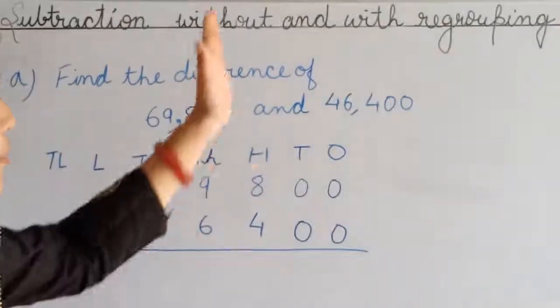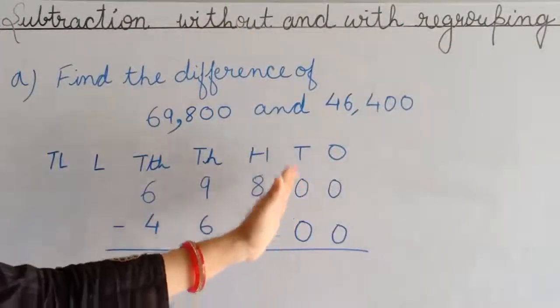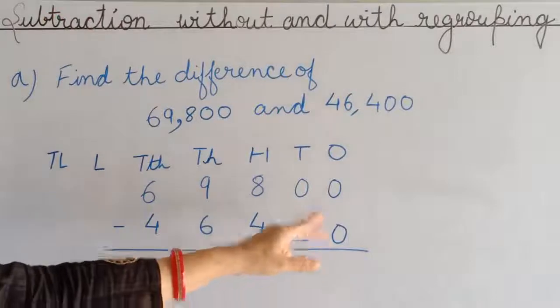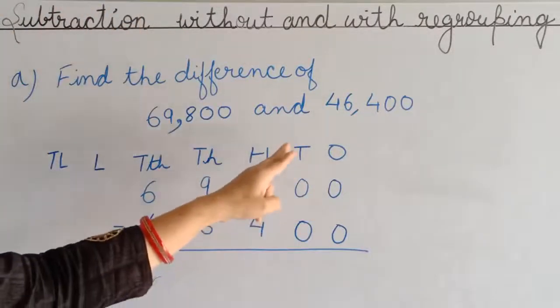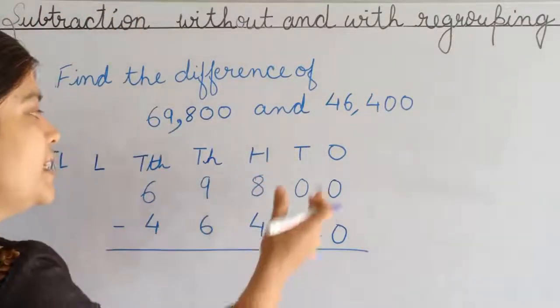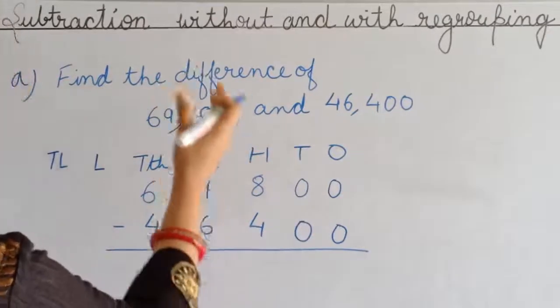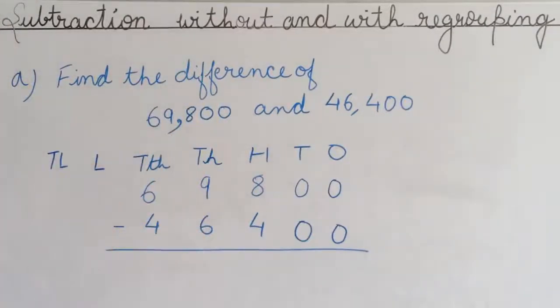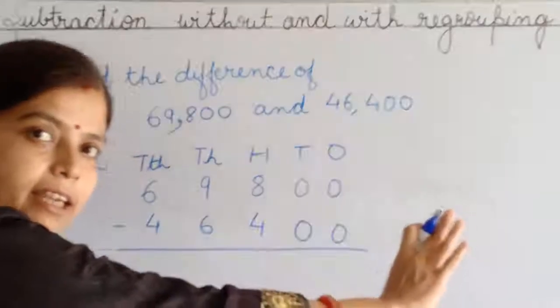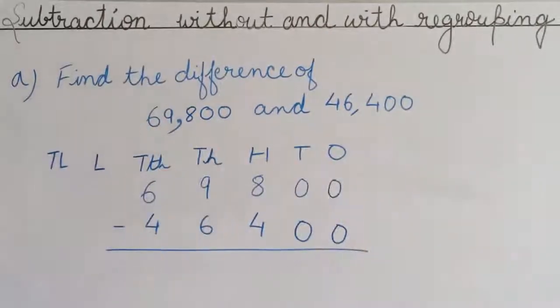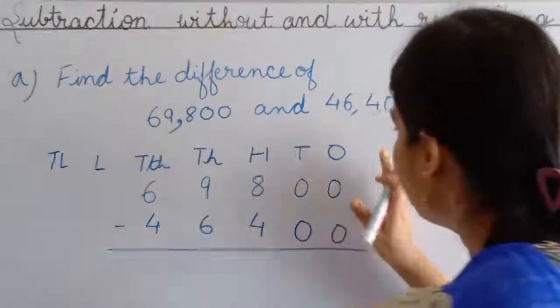Means first we subtract the digit which is in the ones place, then the digit in the tens place, then in the 100 place, then in 1,000, then 10,000. Always we start from the right hand side. Okay, there is a rule. So we will start from this side only.